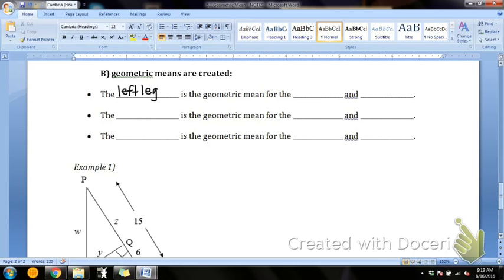What 2 pieces does the left leg serve as the geometric mean for? Left seg and hypotenuse. Do you guys see where that came from? Because we have left seg over left leg equals left leg over hypotenuse, right? So we just said that left leg was the geometric mean for left seg and hypotenuse.